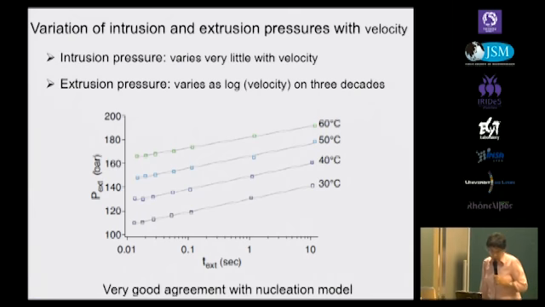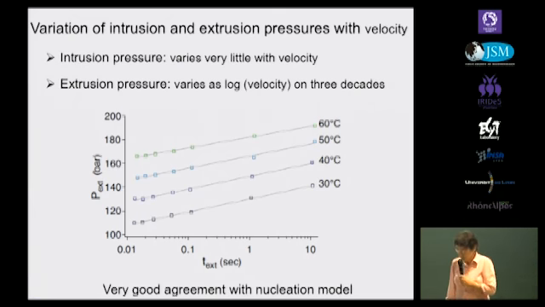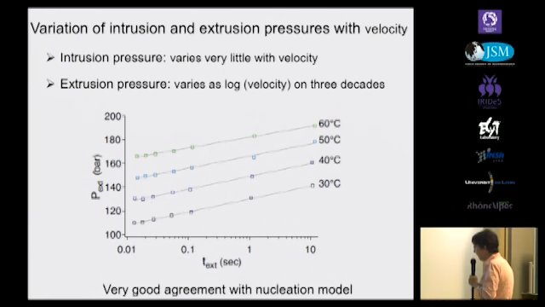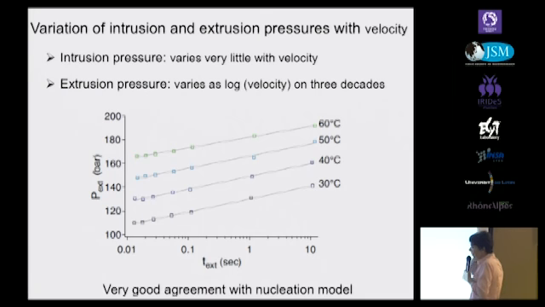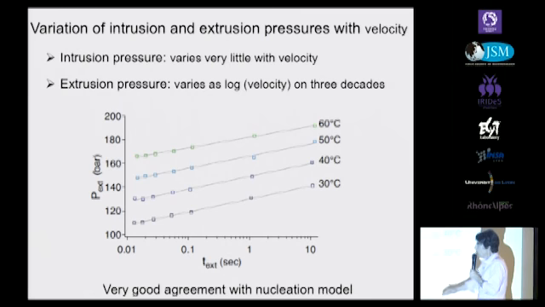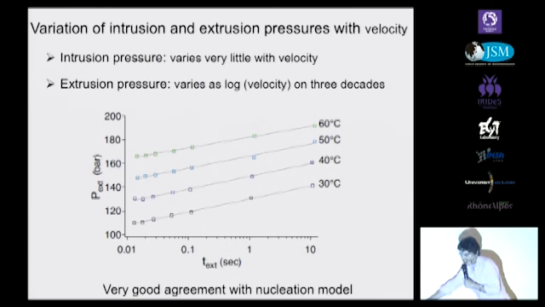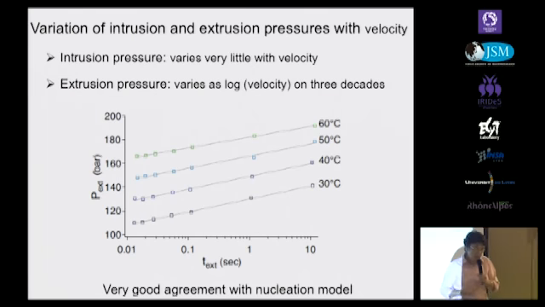So we have been able to study the variation of the extrusion pressure as a function of velocity, and we have found that it corresponds very well to this nucleation picture. So the points here are the experiments, and the lines are the nucleation model. And we see that the pressure has a logarithmic variation with the extrusion time, which means that it depends very weakly on the velocity.